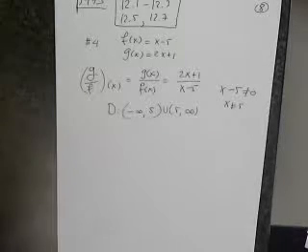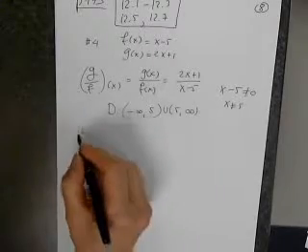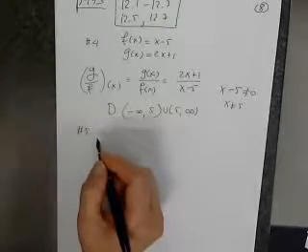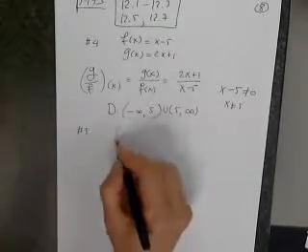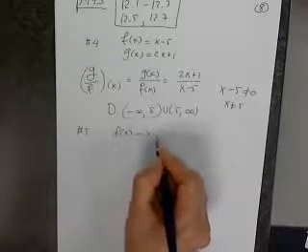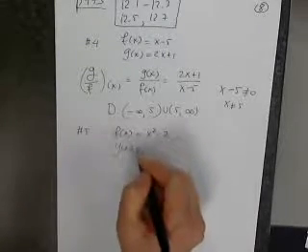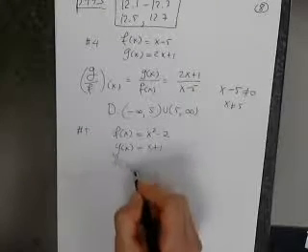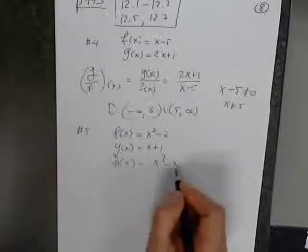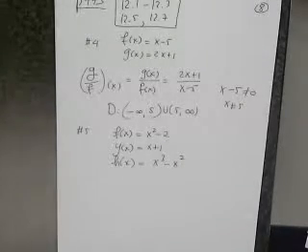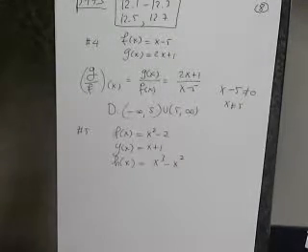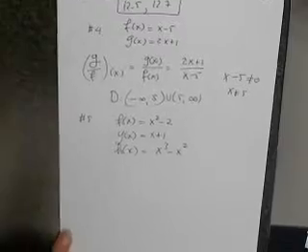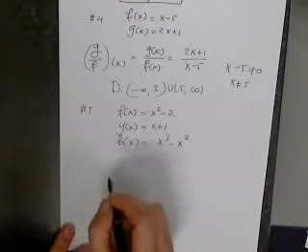Okay. I would like to look at problem 5. In problem 5, we are given two other functions. We are given f of x, which is x squared minus 2, and we are given g of x, which is x plus 1. We are also given h of x, which is x cubed minus x squared. And I would like to determine f comp g of x.